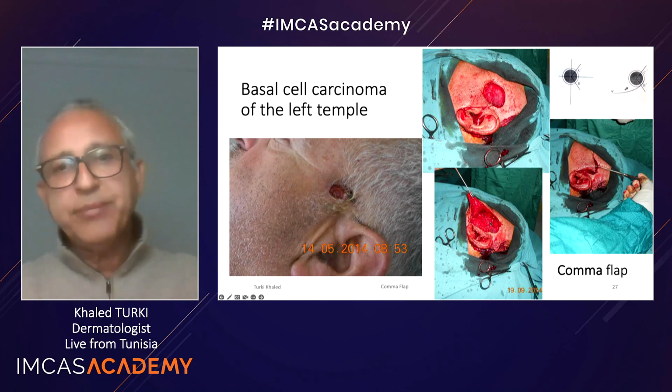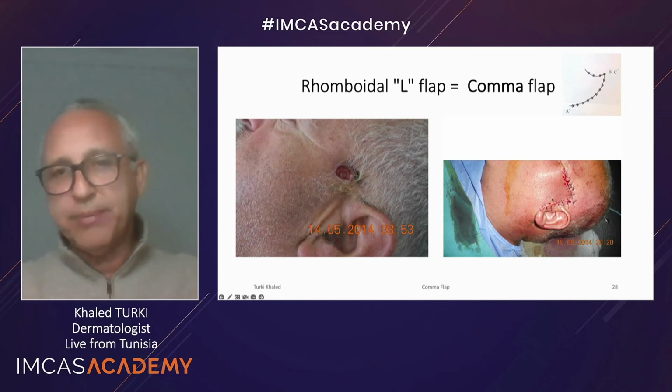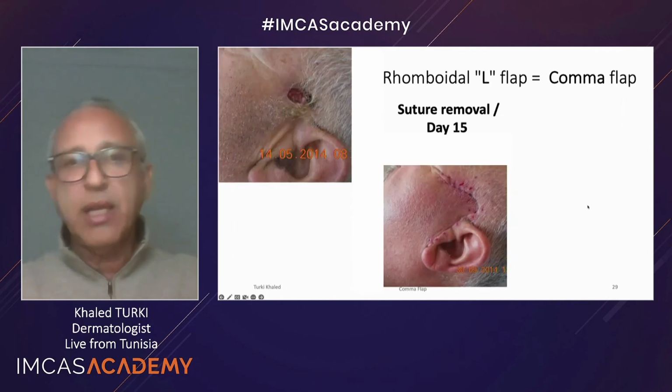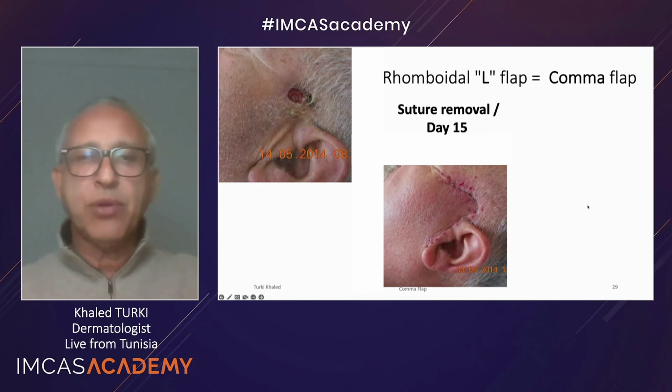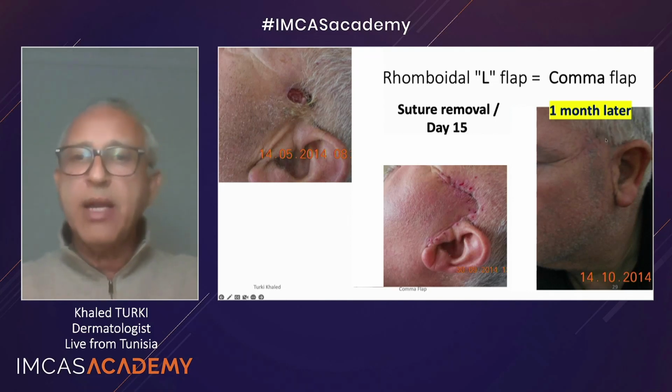You see, the comma flap is really the rhomboidal flap, and the suture, we have to remove the suture, and we see that the incision is incorporating the hair and the retroauricular natural fold.